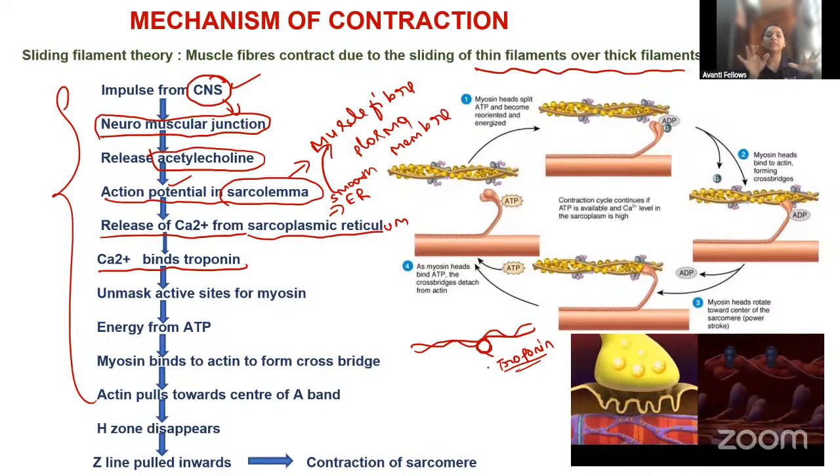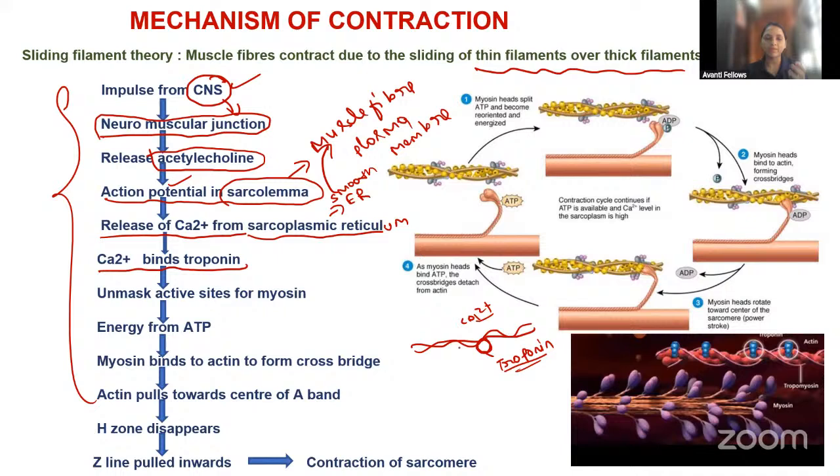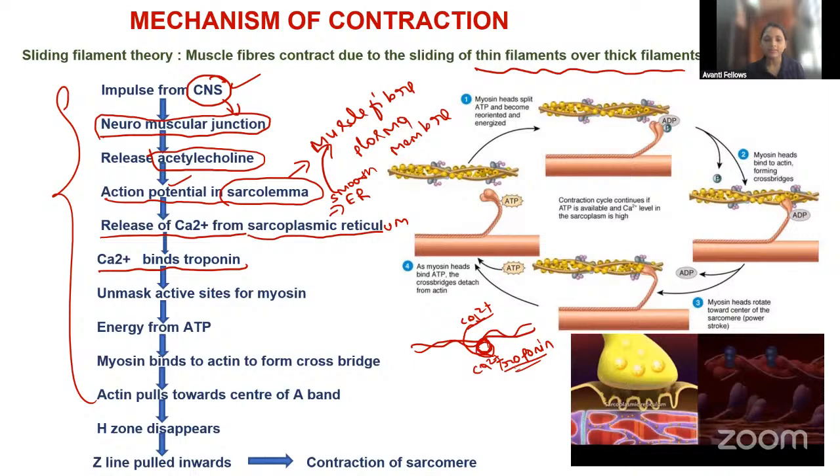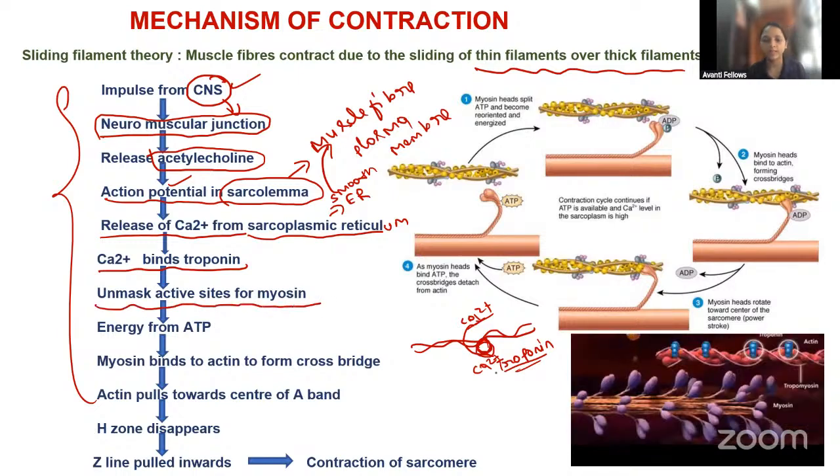When the calcium is released, because the message was sent by the central nervous system, the calcium is going to bind to this troponin, then the troponin is going to be released. Now, when the troponin is released, it will unmask the active site for the myosin.